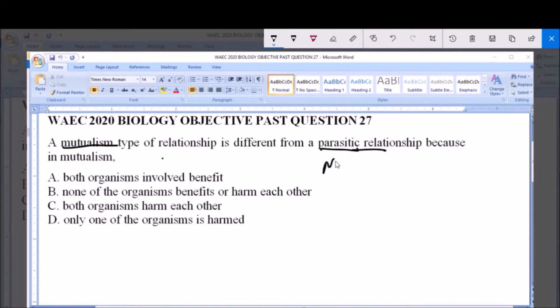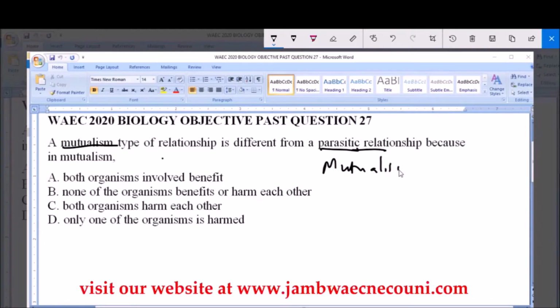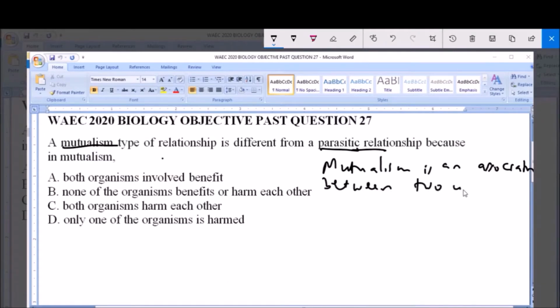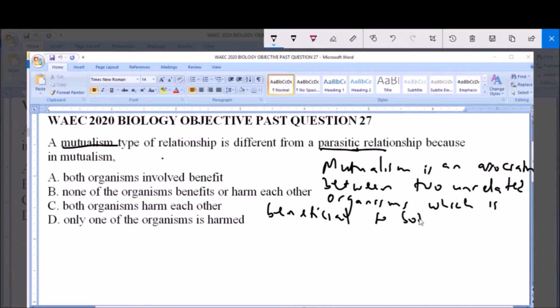relationship. Now the first one, mutualism, is an association between two unrelated organisms which is beneficial to both organisms.